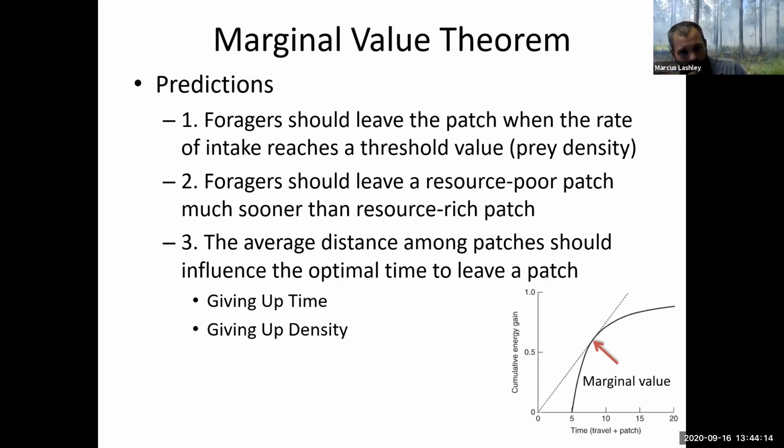The forager should also leave a resource-poor patch, so one that has less energy value to begin with, sooner than a resource-rich one. I mean, some of these things seem pretty obvious, I'm sure, but they're important to formulate when we're thinking about these hypotheses. And also the average distance between the patches is pretty important.